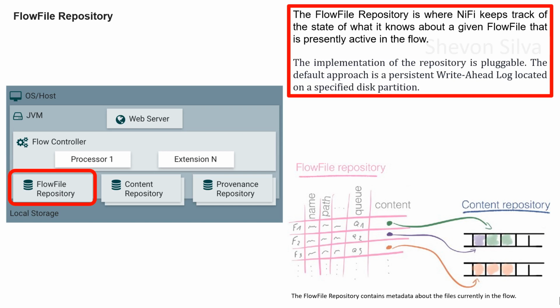At every step of the pipeline, modification to a flow file is first recorded in the FlowFile repository in a write ahead log before it is applied.